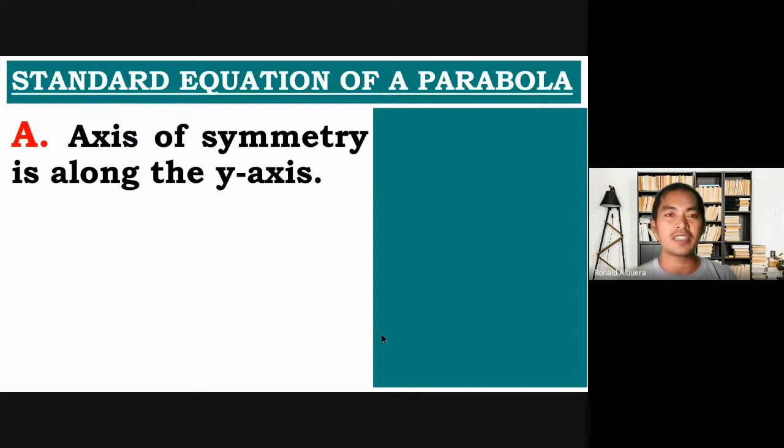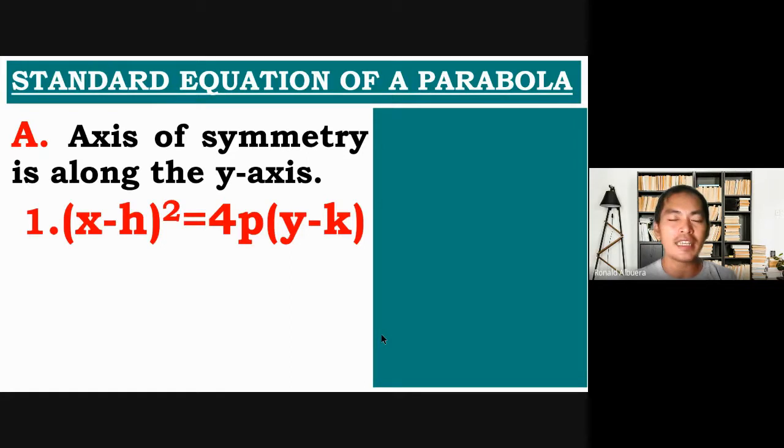So we have here first, if our reference of axis of symmetry is along the y-axis. Okay? Pag ang axis of symmetry is along the y-axis, we have two standard equations of a parabola. First, the square of x minus h equals 4p times y minus k.